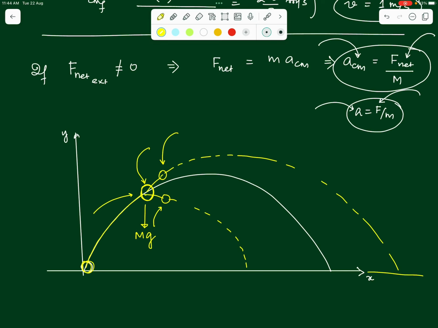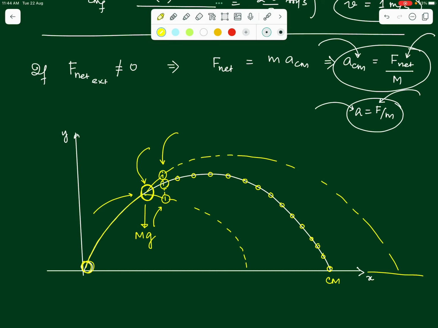Do we understand that if we consider the center of mass of these two particles, the center of mass, which is that one single point that can represent the two masses together, can we say that the center of mass of these two particles will still follow the same original path that the body would have followed had it not exploded? So this will be the path of the center of mass.